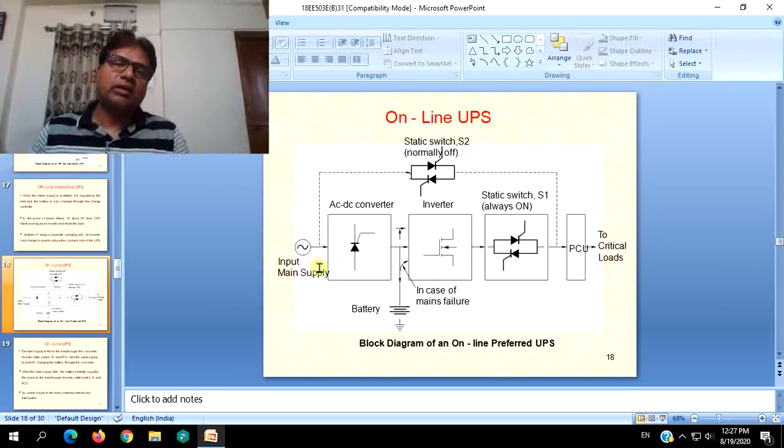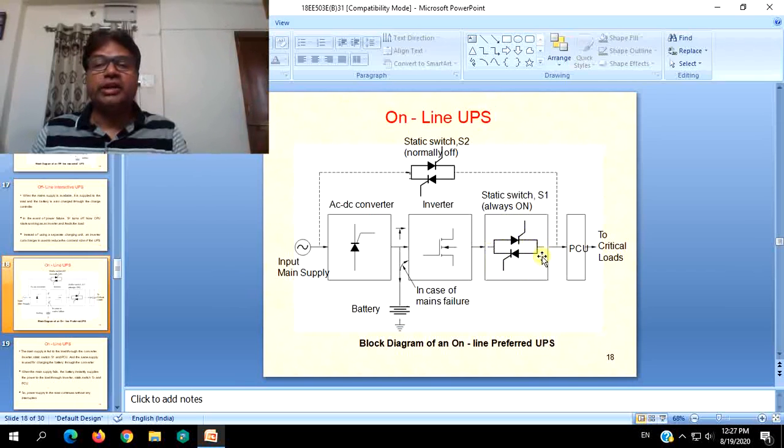When supply is on, it is rectified in this rectifier unit and fed to the battery. Battery charging is also done, and the same DC coming out of the rectifier is fed to the inverter. Basically MOSFET inverters or transistorized inverters, which are faster, and static switch S1, which is always on.